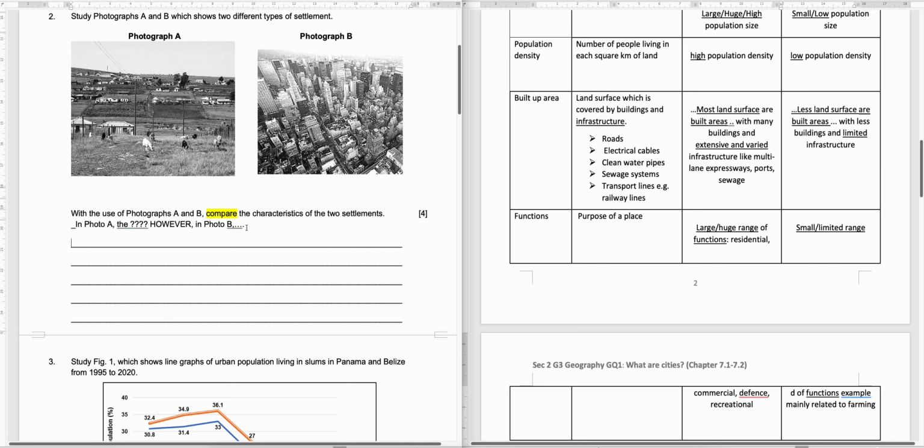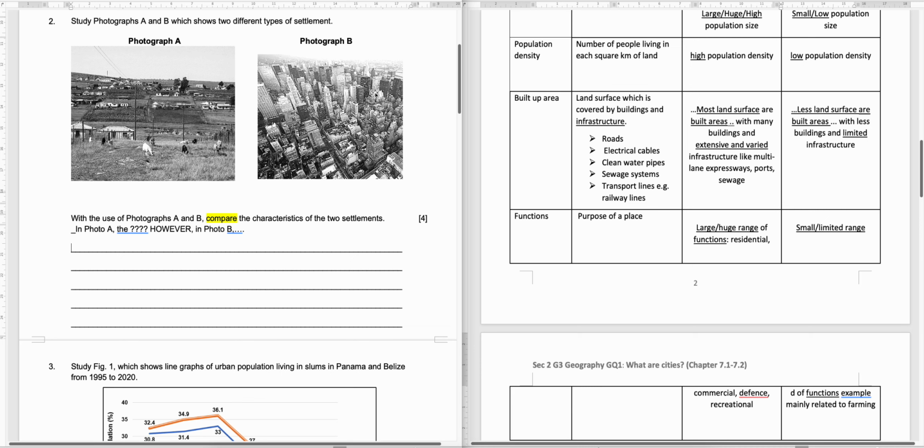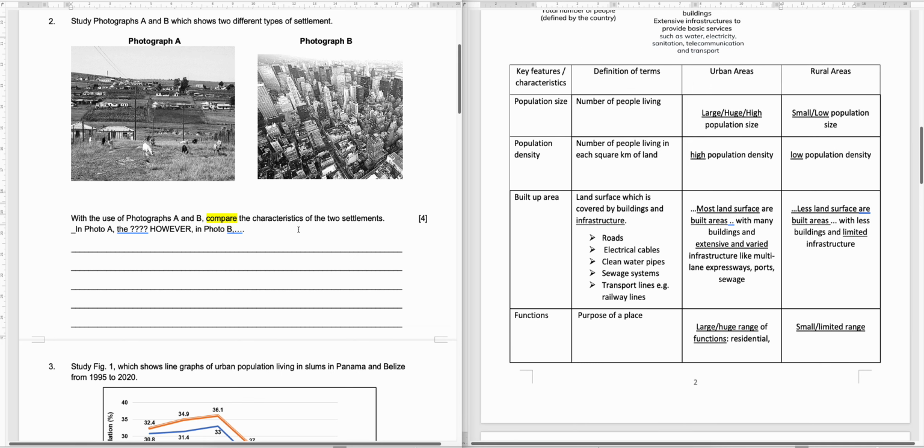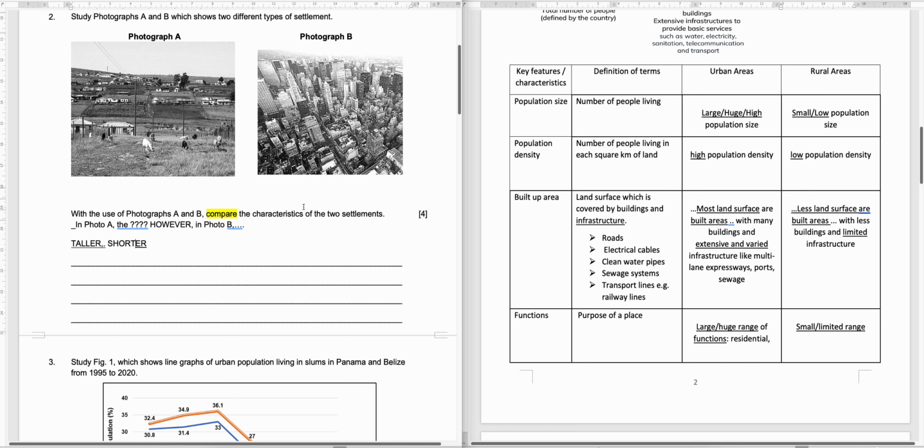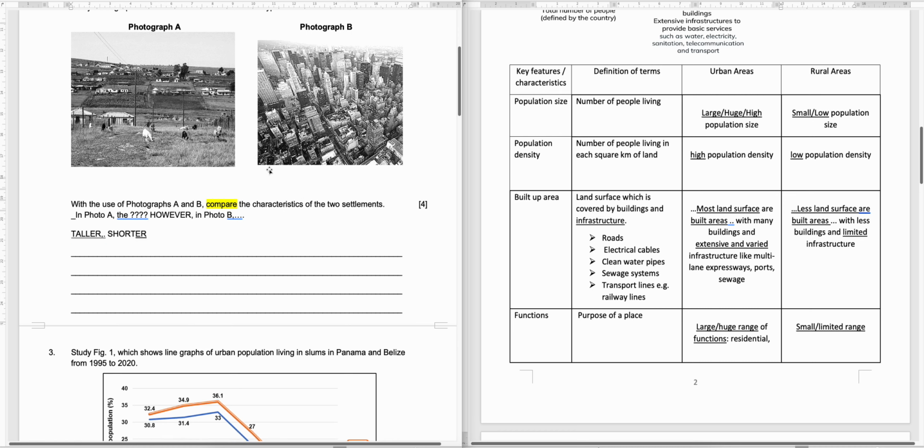You want to talk about building heights, also can. There are so many things to talk about. Make sure it must be seen, we are able to see it from the photograph itself. Now if you don't want to use things like however, you can use comparative terms like the ER words, for example taller, shorter. You can use that as well. That's for question 2.